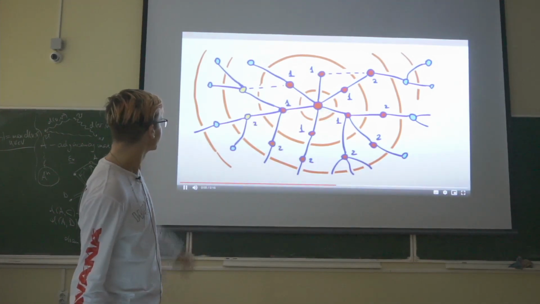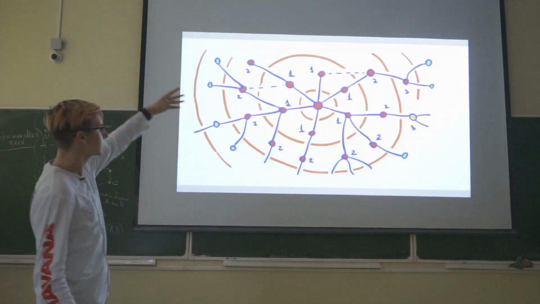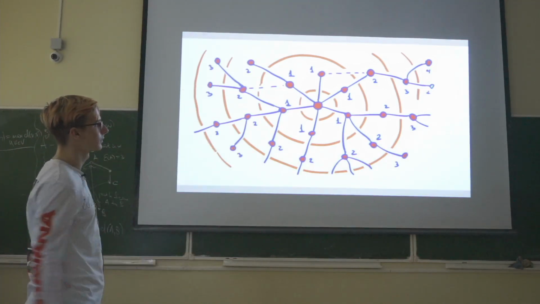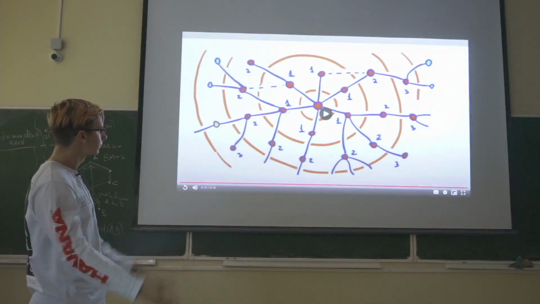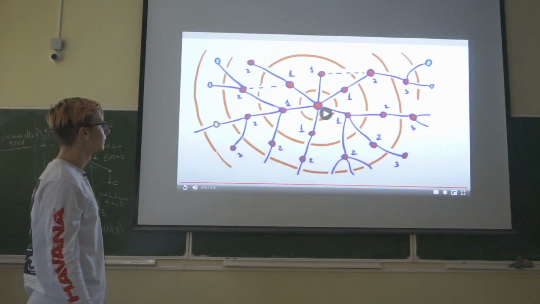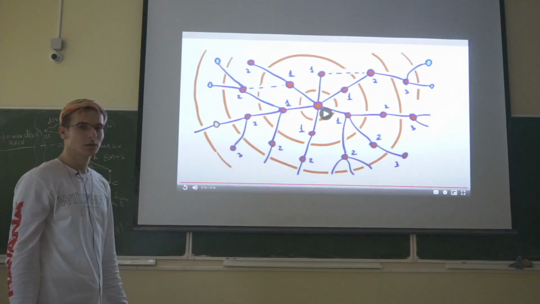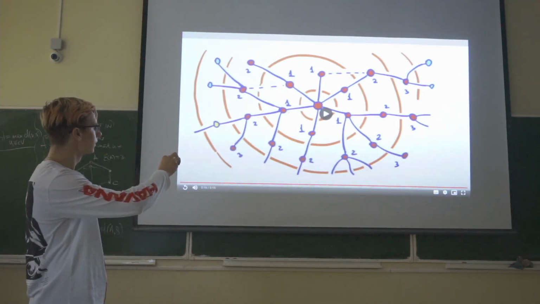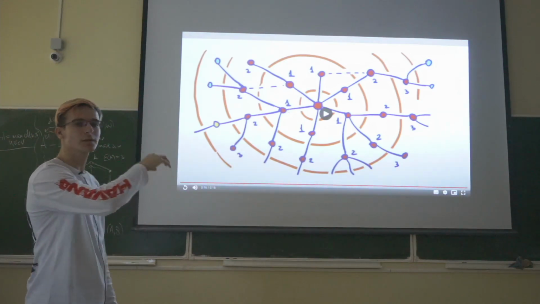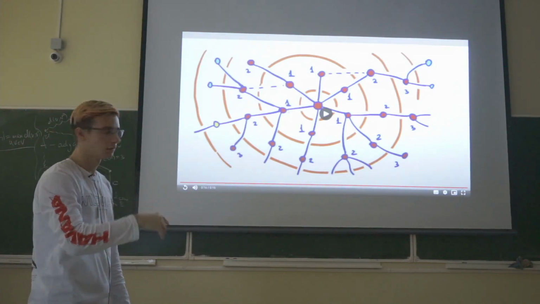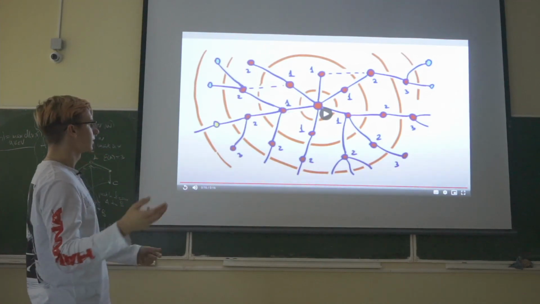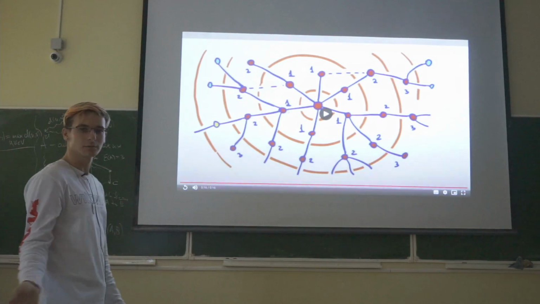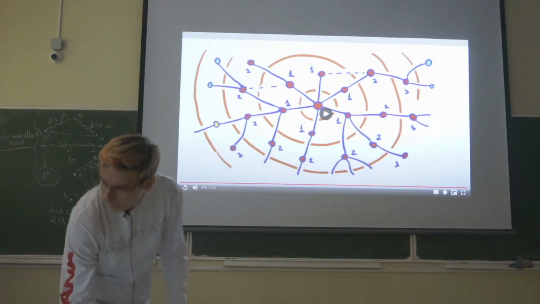And repeat for the next level, and repeat for the next level. And then when Q is empty, it means that we understand the distance from the vertex to all vertices in this connected component. And we understand which vertices are in other connected components, of course.